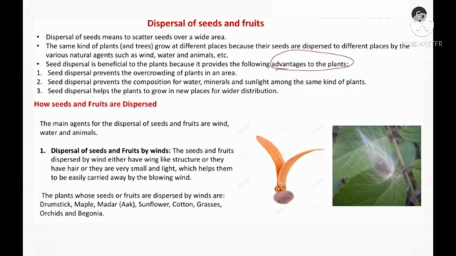Seeds and fruits dispersed by wind either have wing-like structures or hair, or they are very small, which helps them to be easily carried away by the blowing wind. Plants whose seeds or fruits are dispersed by wind are drumstick, madar, sunflower, cotton, grasses, orchids, and begonia.